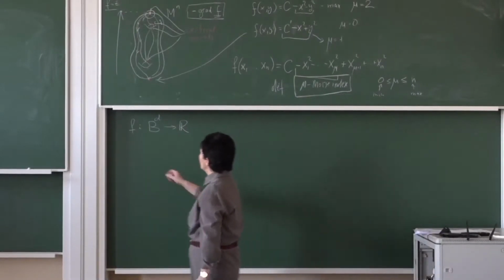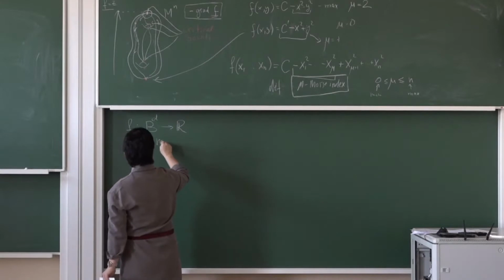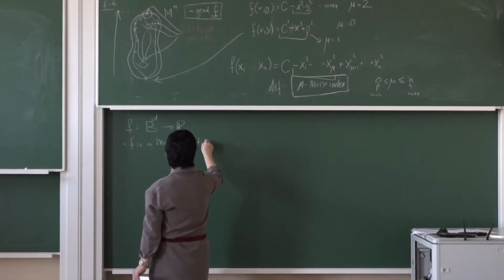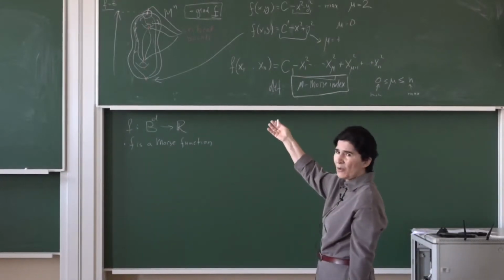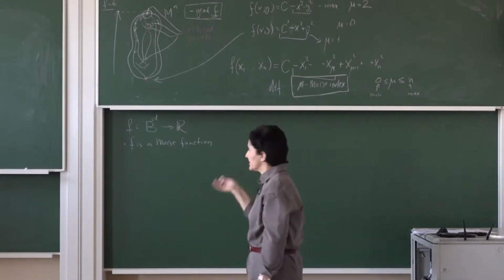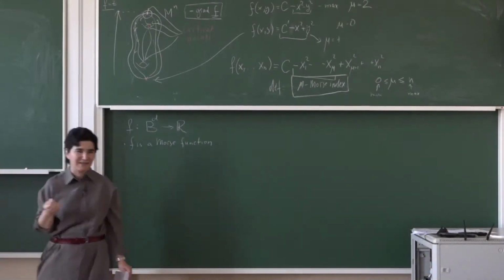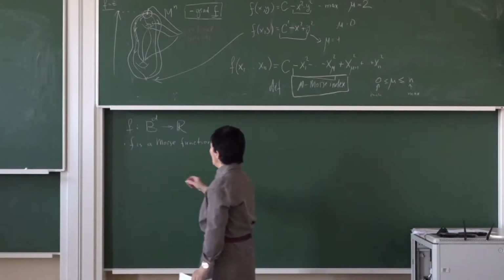We assume that f is a Morse function, which means that there are a finite number of critical points, and all critical points are Morse points. This means that they all have Morse indices, so this quadratic form does not degenerate.